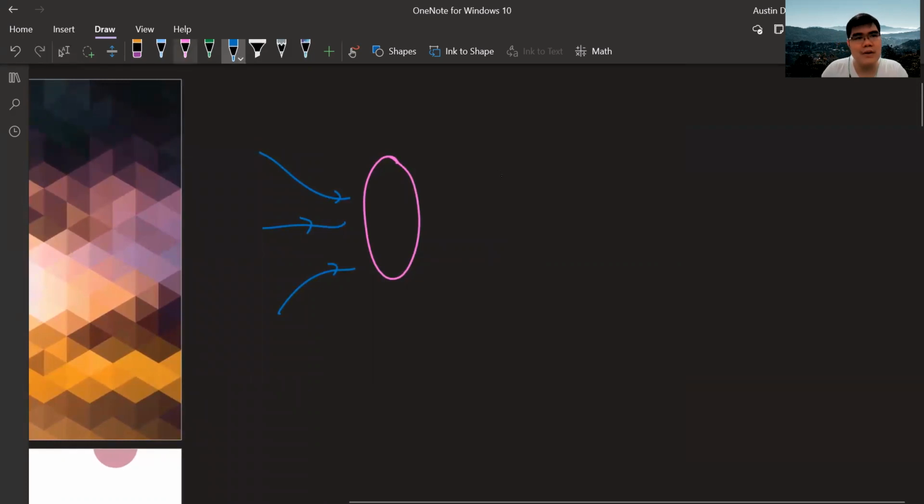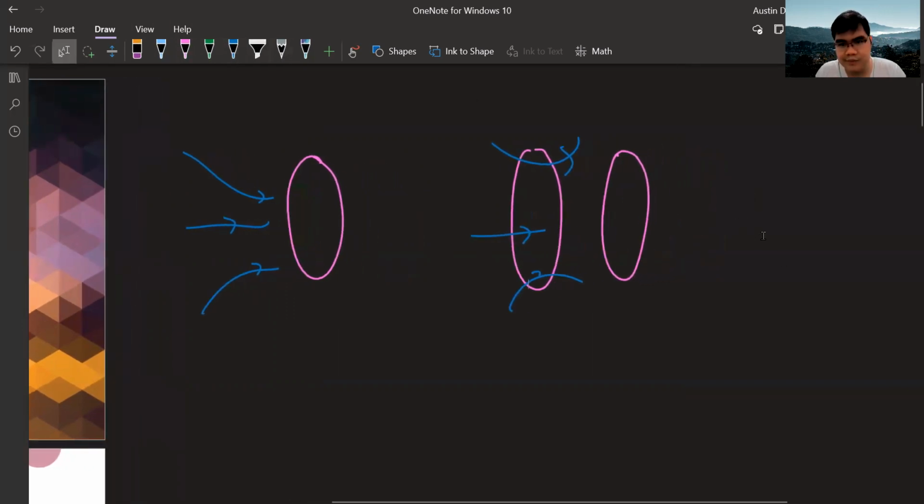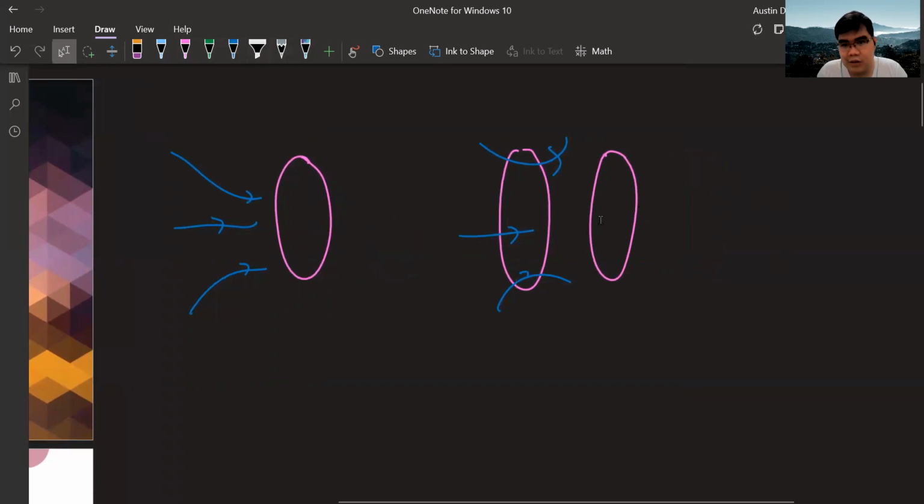Paano kapag meron tayong dalawang coils of conductors or loops of wires? Yung isa may current, isa wala. And then dinagdagan mo yung current dun sa kabila. So parang ganyan itsura nung loop na may current. Magpo-produce siya ng field and then maapektuhan niya yung kabilang loops of wire kung marami sila.